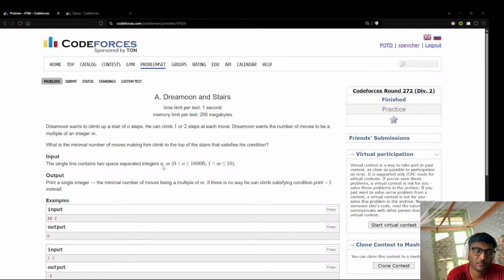I think this will be a two-dimensional DP, where in the third dimension I can probably store the number of moves I have done modulo k. That's what I'm thinking.